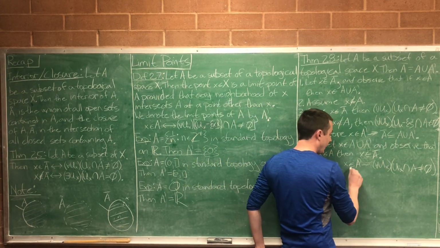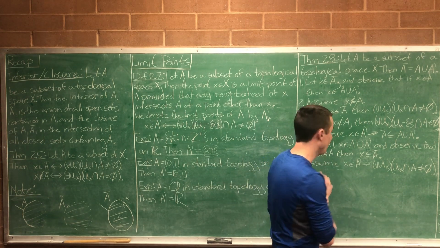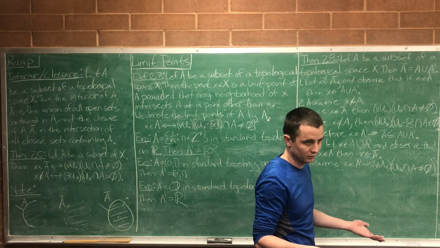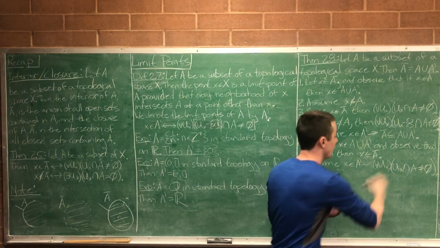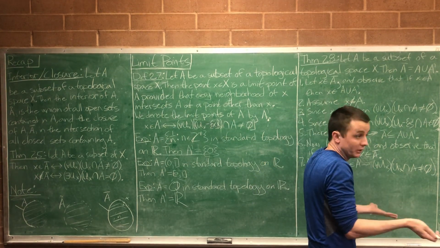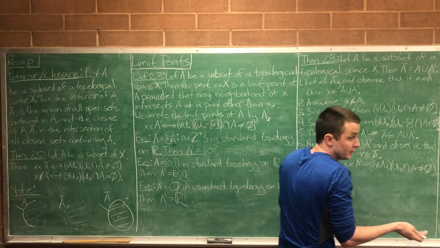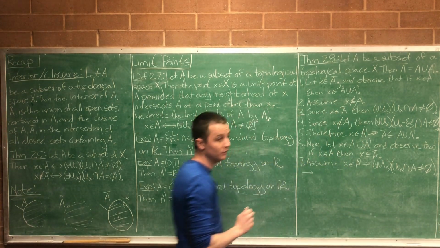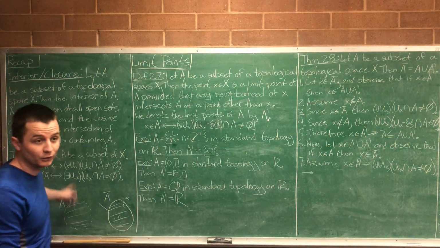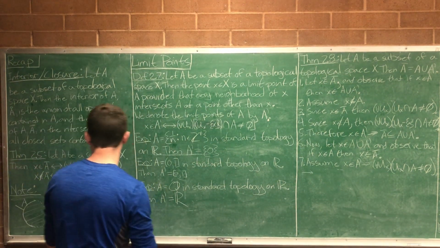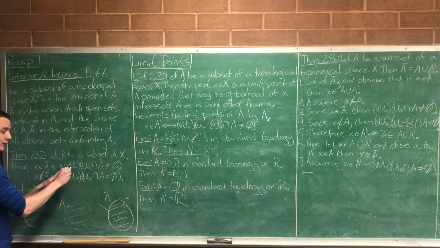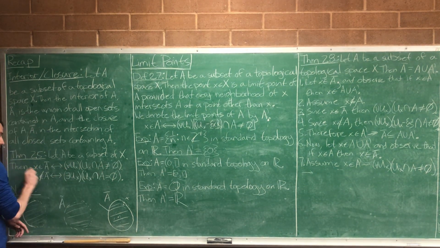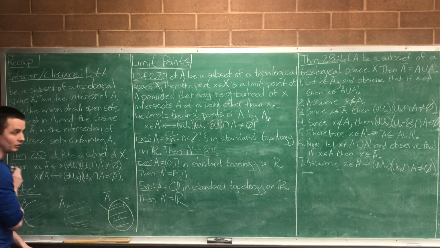If x is a limit point of A, then every open set containing x intersects A at some point. Right? We know at some point other than x, but still at some point. Why am I not bothering specifying? Because I'm going to use Theorem 2.5 again. What does Theorem 2.5 say? It says if for every open set containing x, it also intersects A, then that point is in the closure.